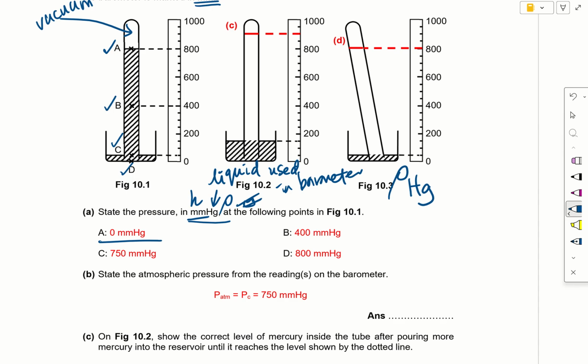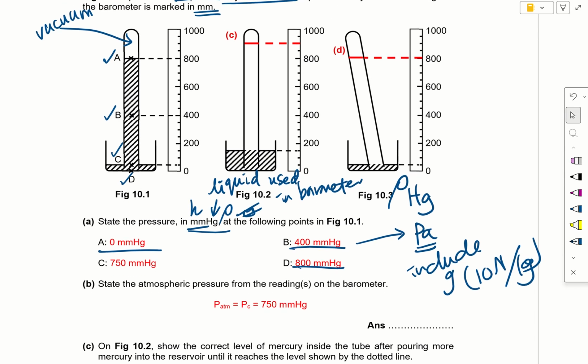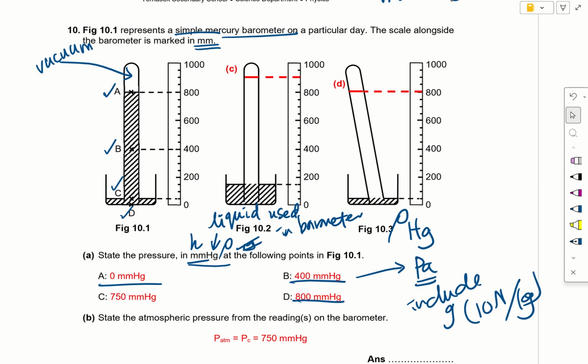If not, I would have to say the pressure in mmHg. But later on, if I were to ask you to convert this to Pascal, you will have to include the g yourself, which is 10 Newton per kg on Earth. But let's continue with this first. So at A, because there's a vacuum on top, it is 0 mmHg, no pressure.